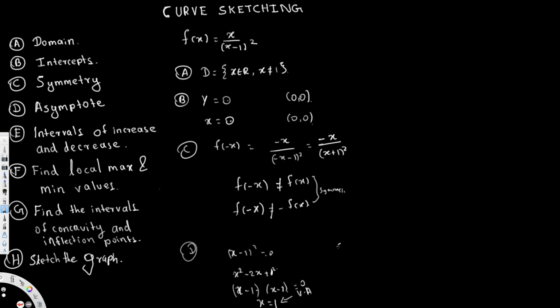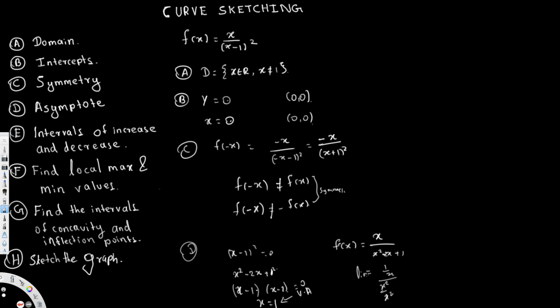So f of x is equal to x over x squared minus 2x plus 1, and I have to divide everything by the highest power. So this is going to become 1 over x divided by x squared over x squared.